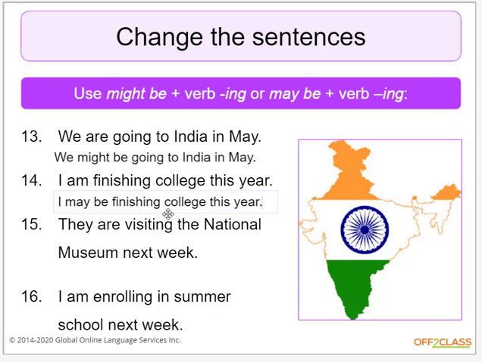They're actually synonymous, meaning you can use either or. So we might be going could also be we may be going. So I could actually change this to may. I could change this to might. In my opinion, from what I can tell, may is typically less formal than might, but you can pretty much use them interchangeably.